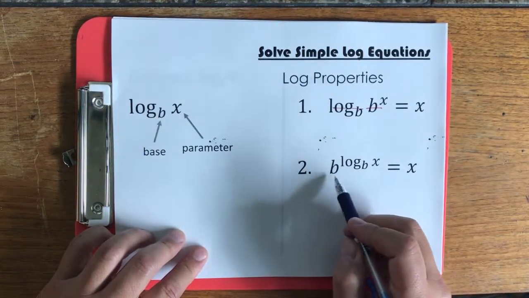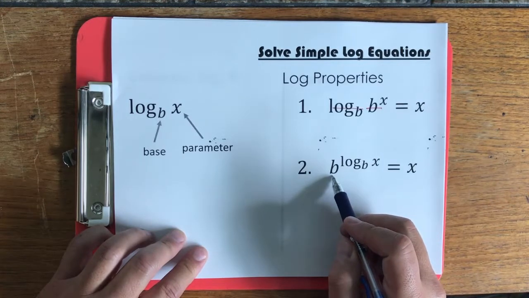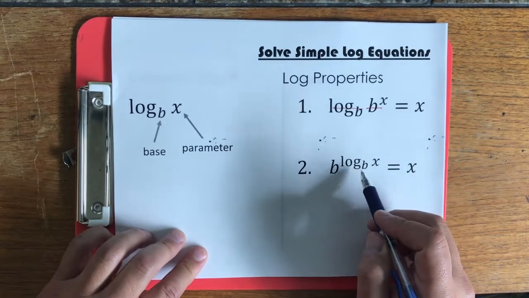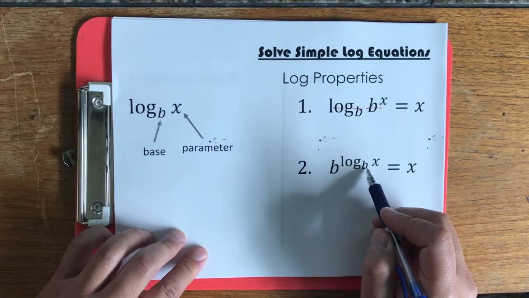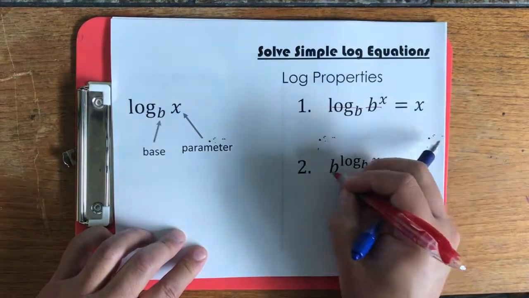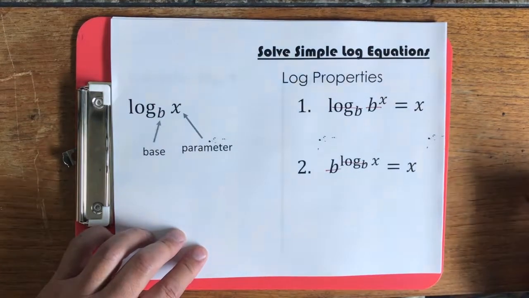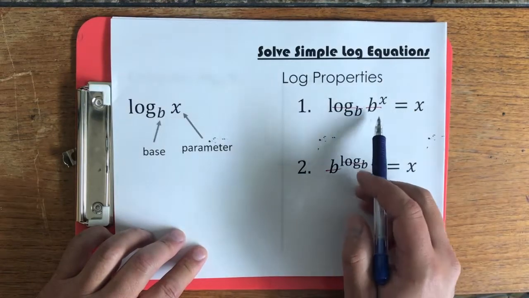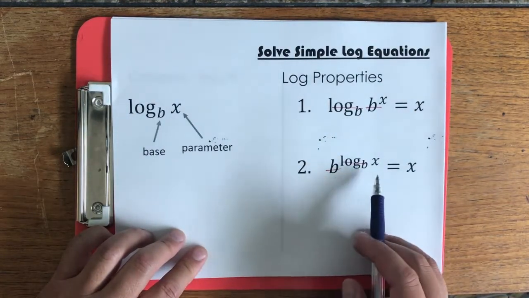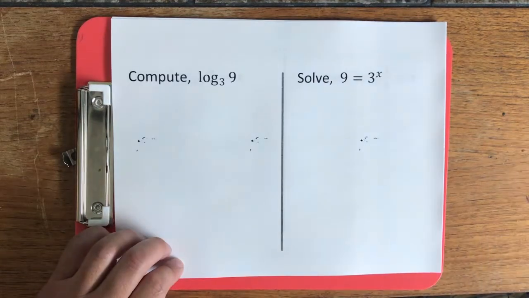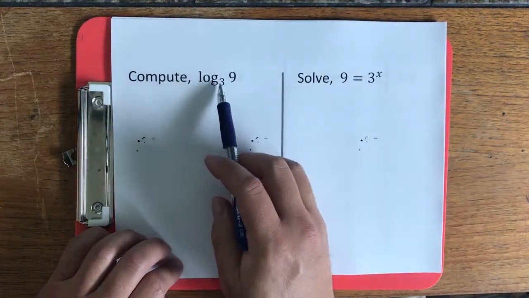If the base of an exponent and the base of the log that is in the exponent match each other, they cross each other out, and we just get x. So just like multiply undoes a division and add undoes a subtraction, a log undoes an exponent and an exponent undoes a log.